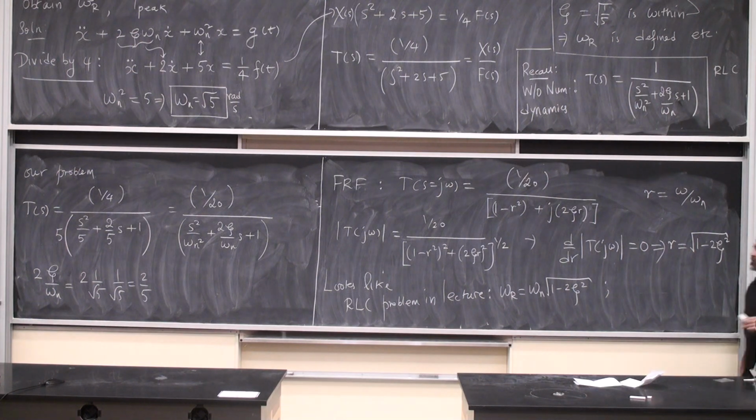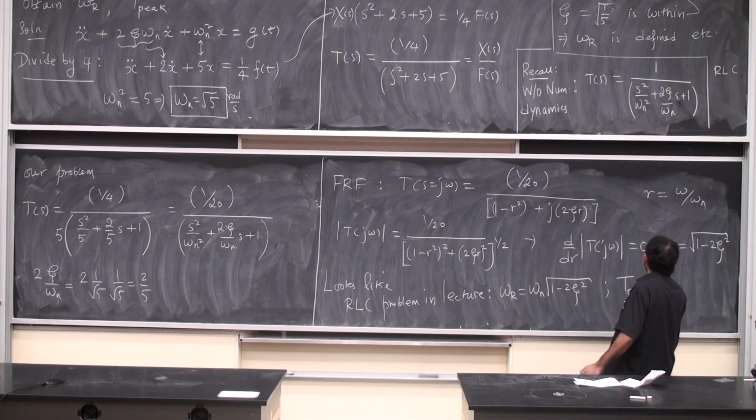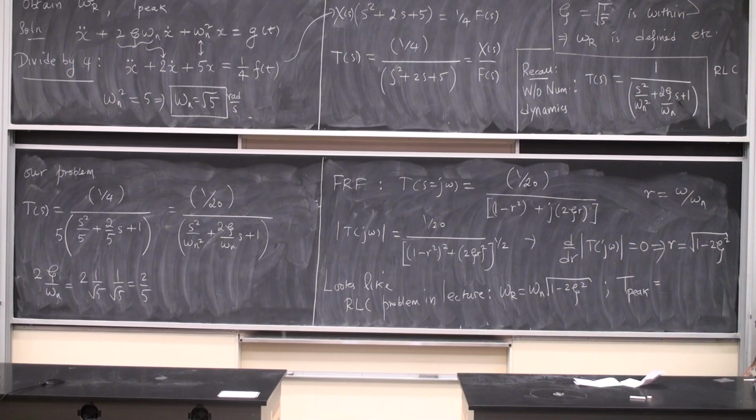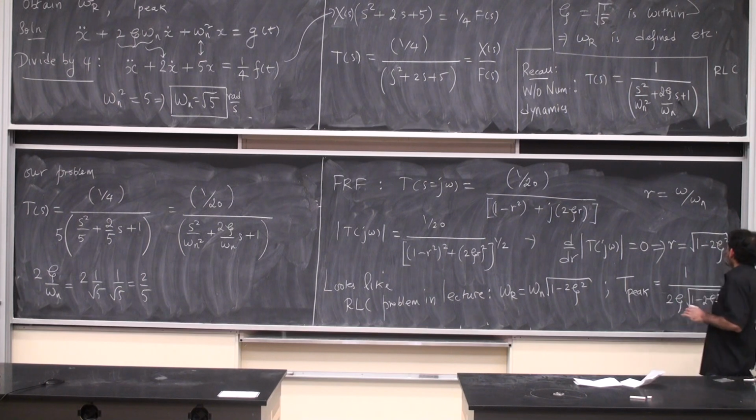What should my T peak be? If I were doing it for the RLC system, my T peak would have been 1 by 2 zeta times square root of 1 minus 2 zeta square.